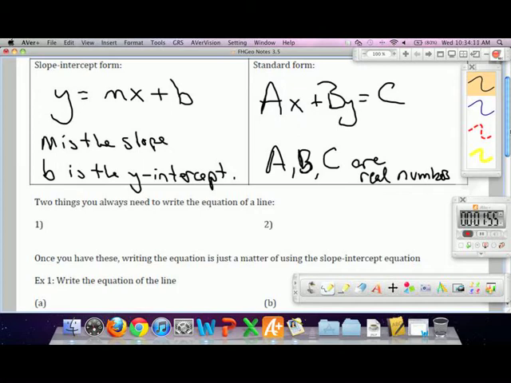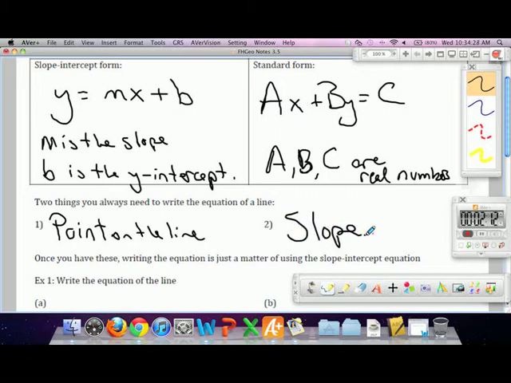You better know at least one point on the line, and you better also know or be able to calculate the slope of the line. If you have those two things, you can write the equation of a line every time with relative ease.